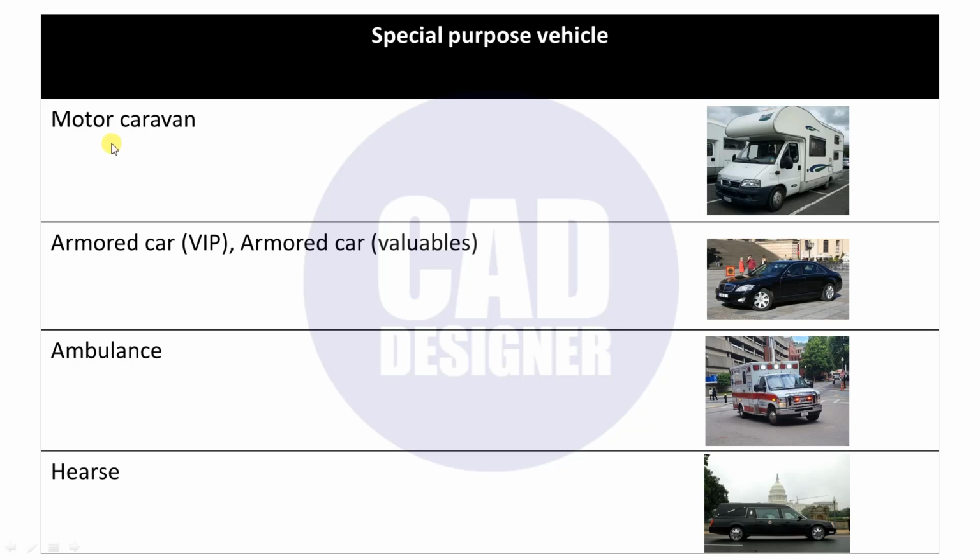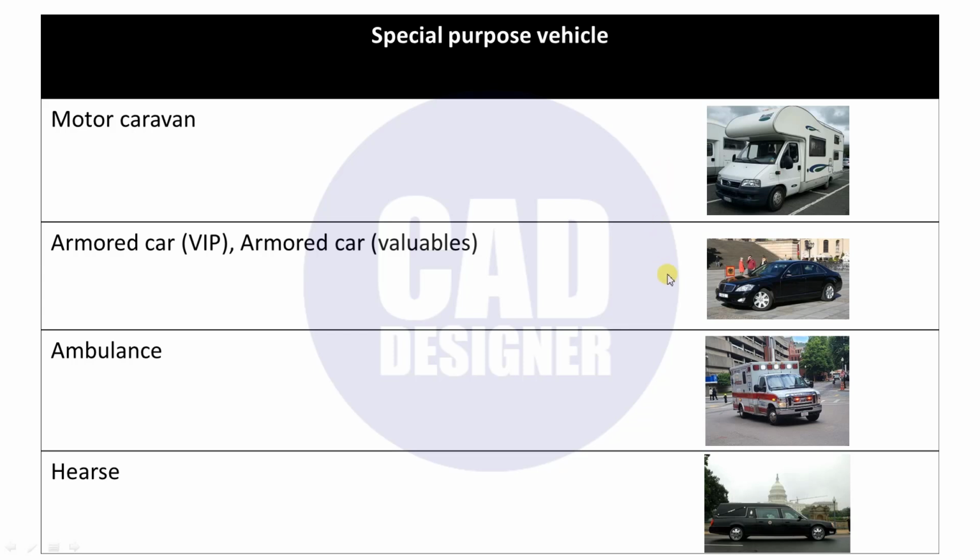Here it is motor car van or armored car, VIP cars, then ambulance, then hearse. So these are the special types of vehicle. We know that celebrities have a van, and in that it looks like a home. It is a special purpose vehicle.